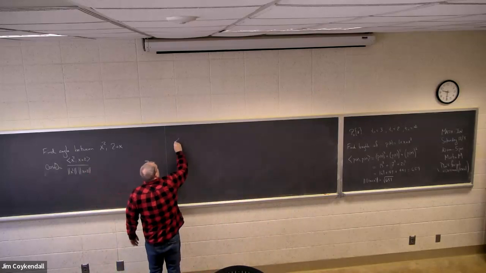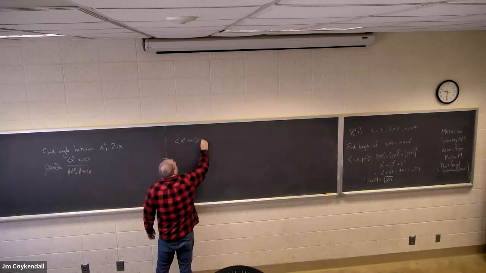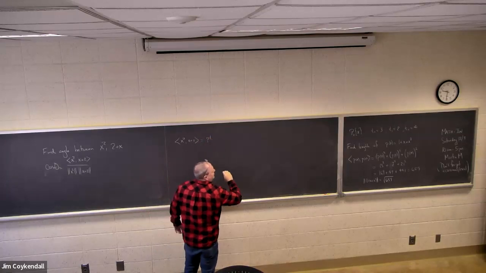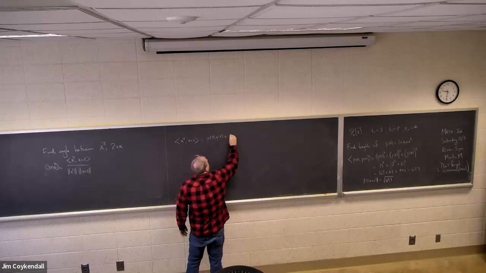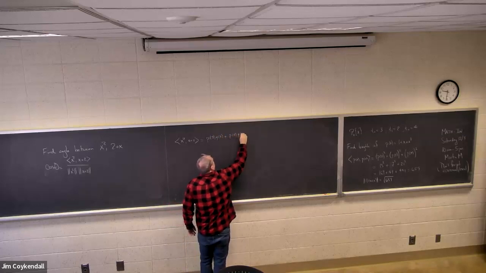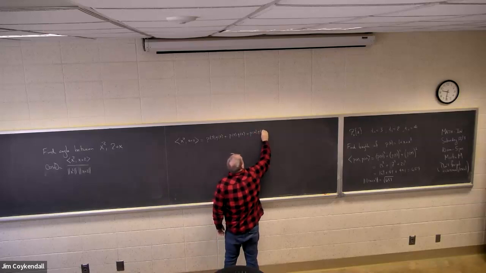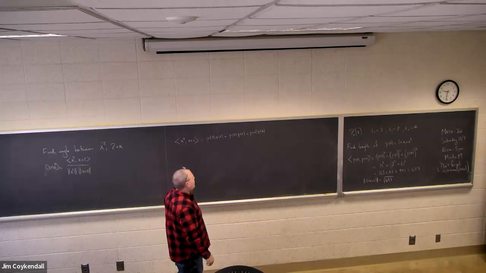So the inner product of x² and x + 2 is p(3)q(3) + p(2)q(2) + p(4)q(4). That's the inner product.